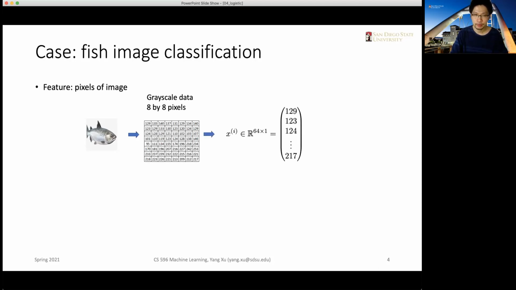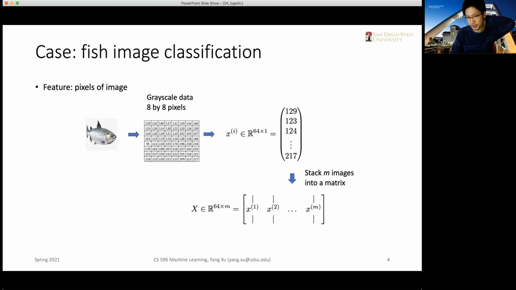What we can do is to take that 8 by 8 pixels, which is 64 numbers, as a very long thin vector to represent that fish image. Okay, so if we have a lot of images, say we have m training examples, then we can stack all these vectors into a matrix, which results in a training data set X, capital X, that has multiple columns, and each column is a vector that represents one image.